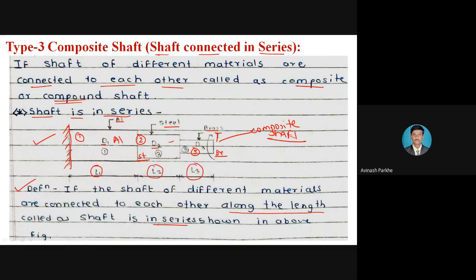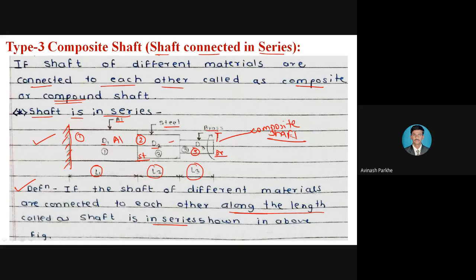So here the aluminum shaft, steel shaft, and brass shaft are all connected to each other, therefore this structure is called a composite shaft. In addition, it is called shafts connected in series. If shafts of different materials are connected to each other along the length, that structure is called shafts connected in series.